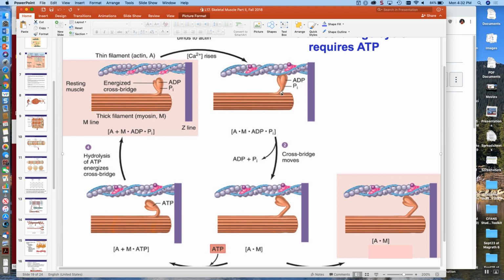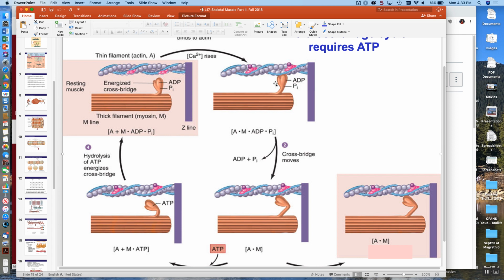This has already energized the bridge. If this is the myosin head and this is the actin, now they can interact when tropomyosin moves out of the way. Now, when the ADP and the inorganic phosphate dissociate, that's what's responsible for the power stroke. That moves those Z disks closer together.